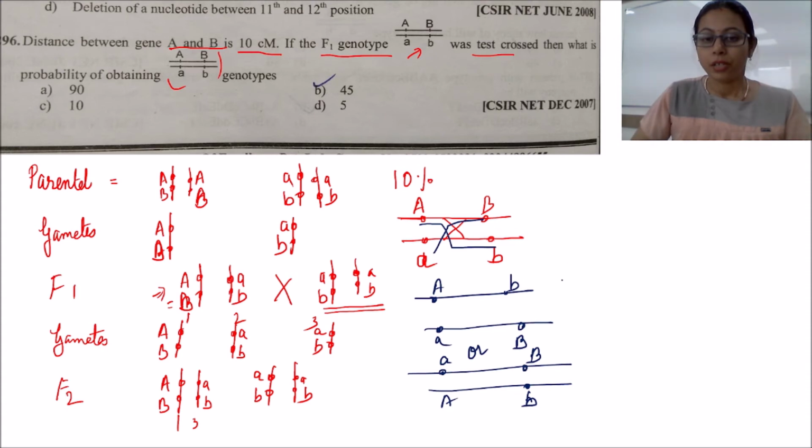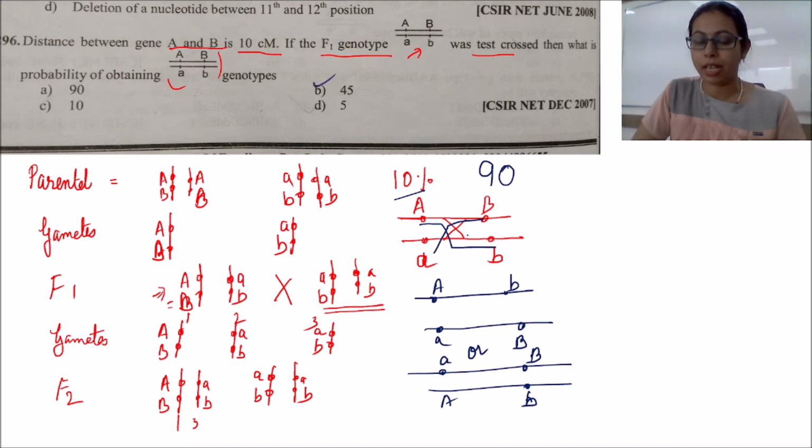So if there is only a 10% chance of crossing over, then on the other hand there is a 90% chance that there will be no recombination between A and B, that is, crossing over will not take place between A and B.